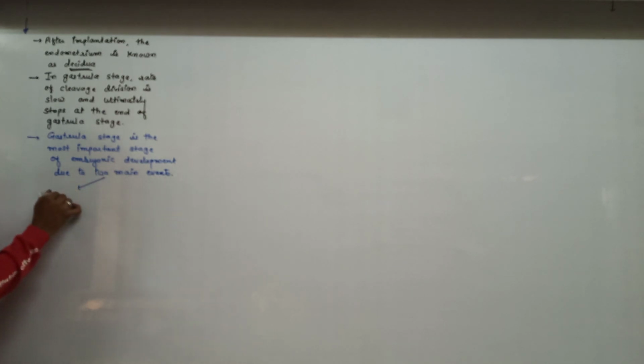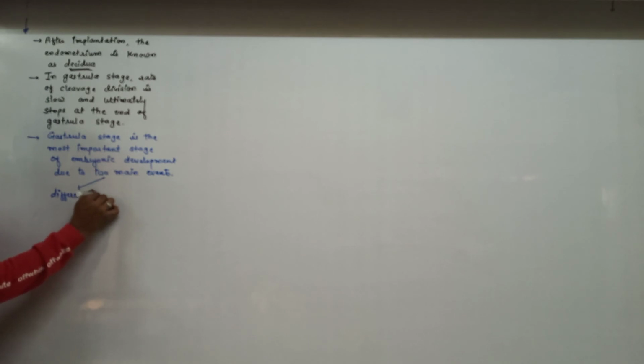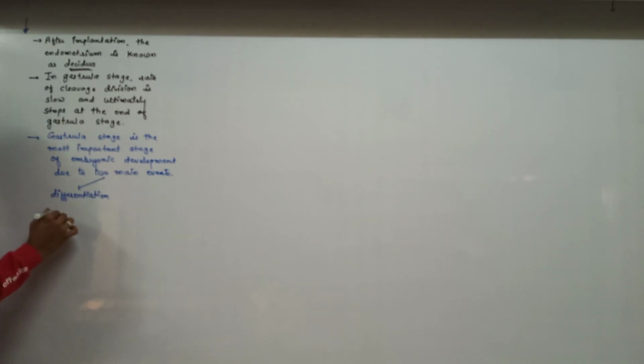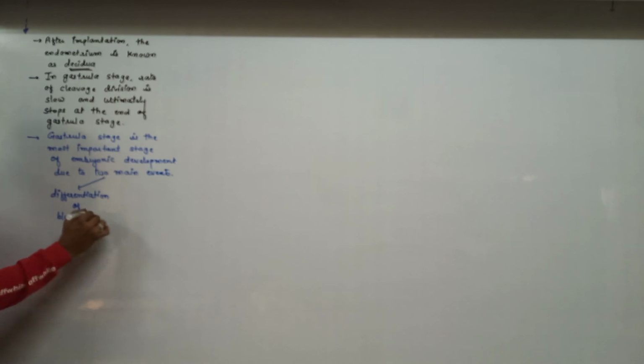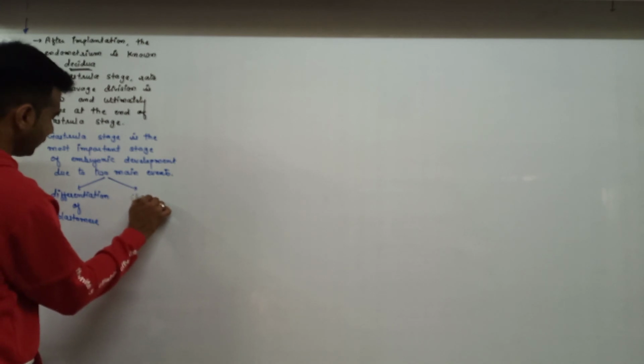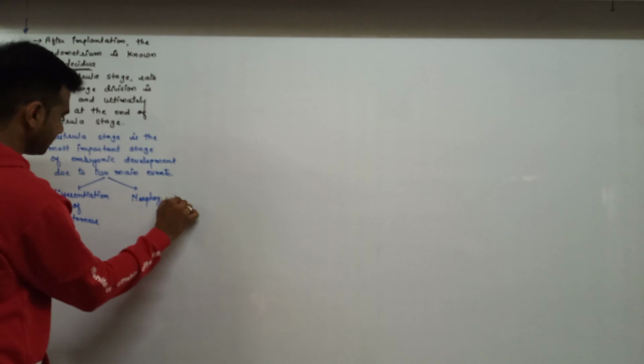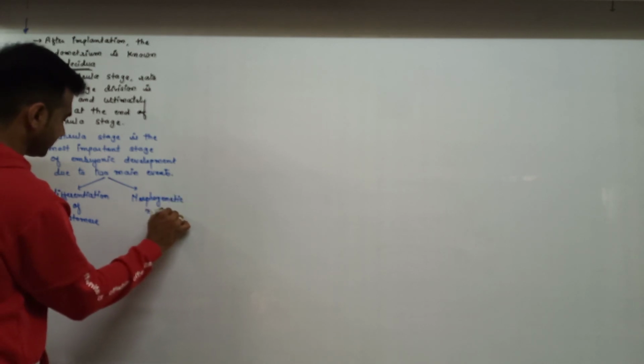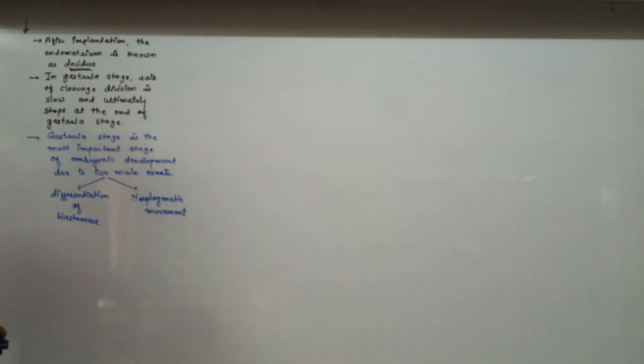The first event is differentiation of blastomeres, in which the blastomeres differentiate and produce three germinal layers.